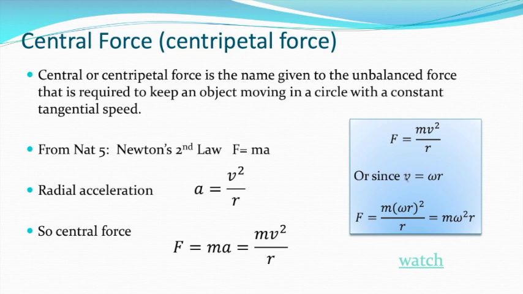So since tangential speed equals your angular velocity times your radius, we can substitute in for v in this equation with omega r, and therefore it will become m omega squared r squared, and one of the r's cancels and we end up with m omega squared r. You might also see it written as F equals mr omega squared, but bear in mind both of those relationships are on your relationship sheet. The central force equation, the force that's required to keep an object moving in a circle.